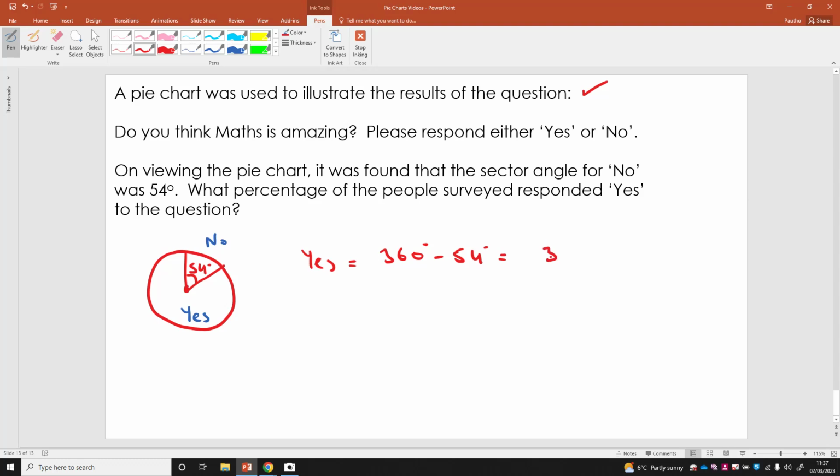You do that, and I think you get 306 degrees. So this big angle here is 306 degrees.